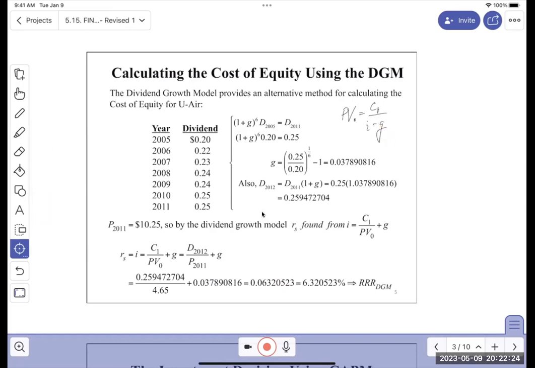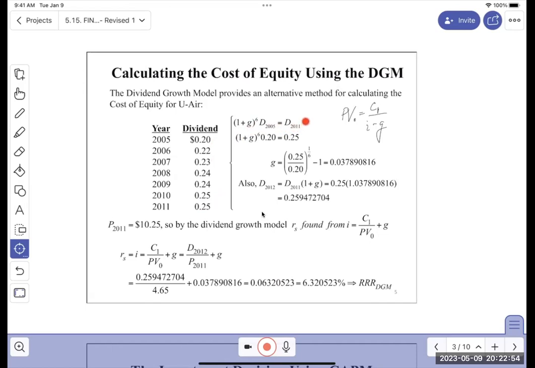So with my assumption, I'm going to force it. I force it that there is a constant growth rate. There is not a constant growth rate, but I'm going to force it. I mean, it's not clearly steadily growing. But it's fine. We're going to force it. So let's see. I'm going to say from 2005 to 2011, there are 6 periods of g.